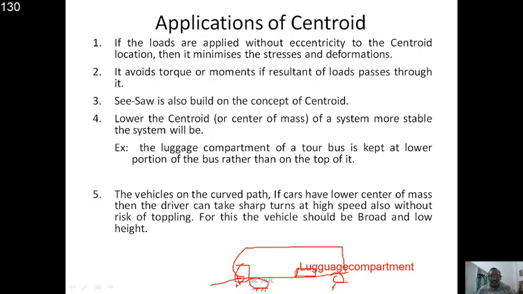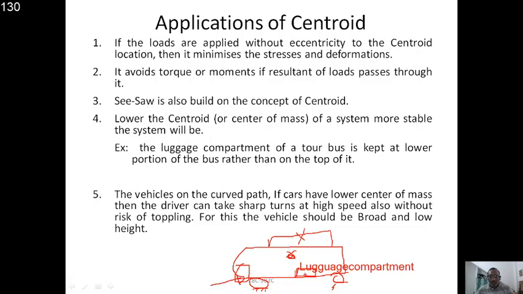Why do they locate the luggage at the lower portion of buses? To lower the centroid or center of mass. If I put the luggage up here, it raises the centroid from the bottom to the upper side. The centroid will shift to the top side, which becomes uncomfortable while taking turns. So, to have comfortable driving at good speeds, it is required to lower the center of gravity, center of mass or centroid to the lower portion of the bus.